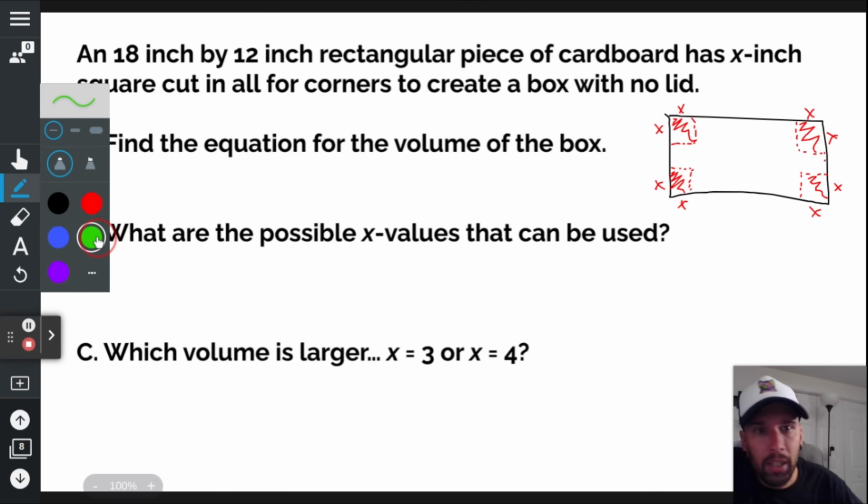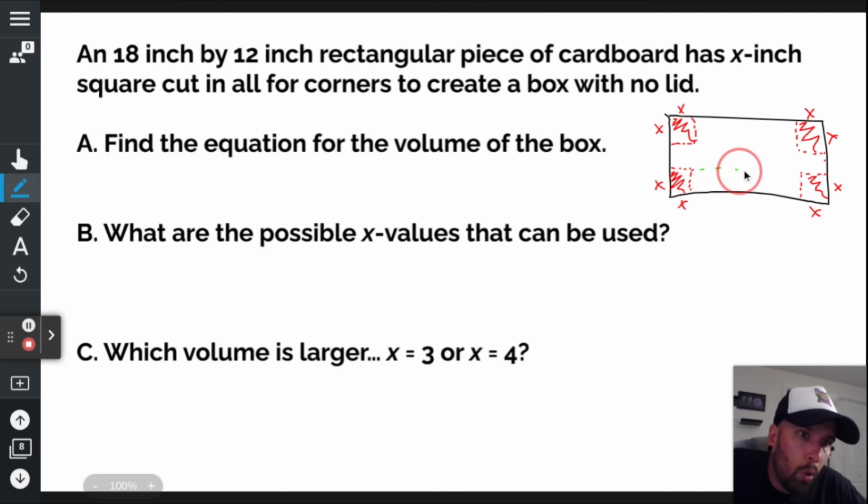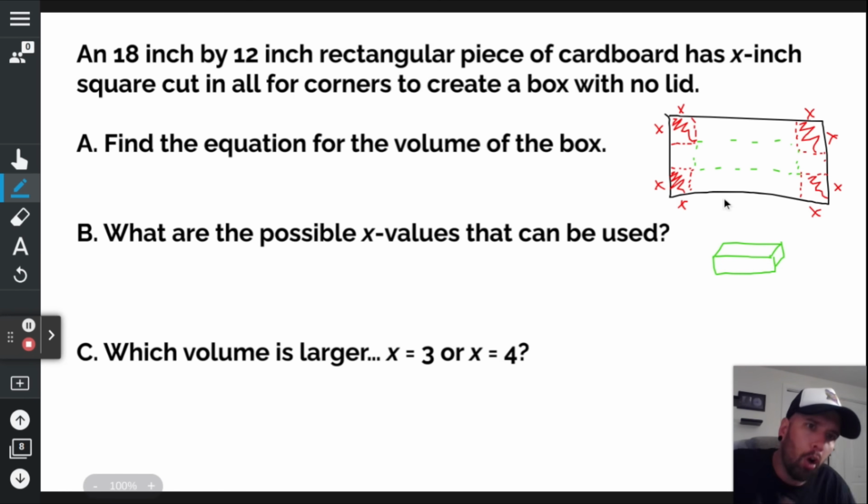Well, when I fold these things up along this line, I now have a box with no lid. Now, when I fold these up, how tall is the box going to be?